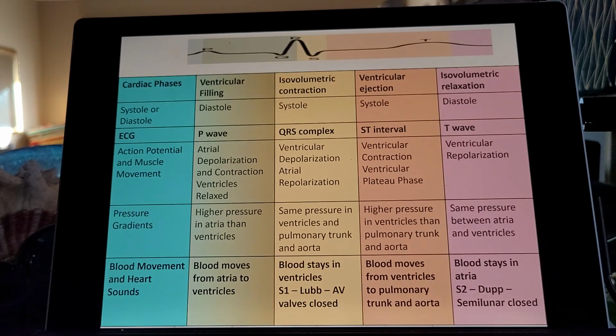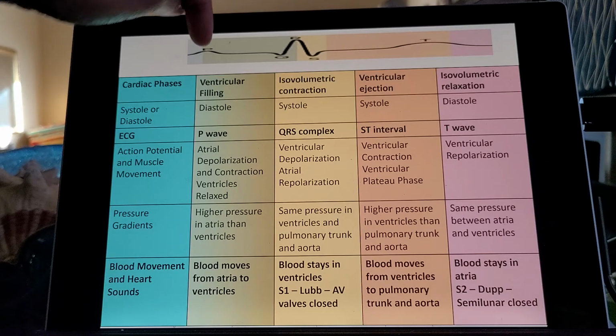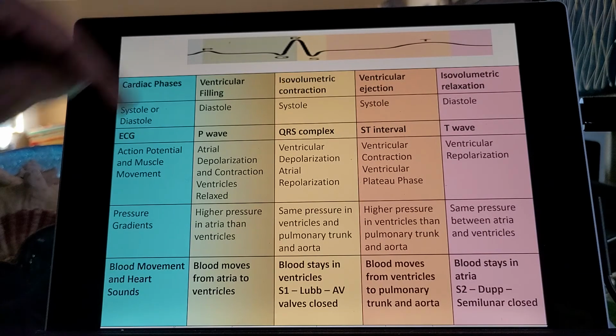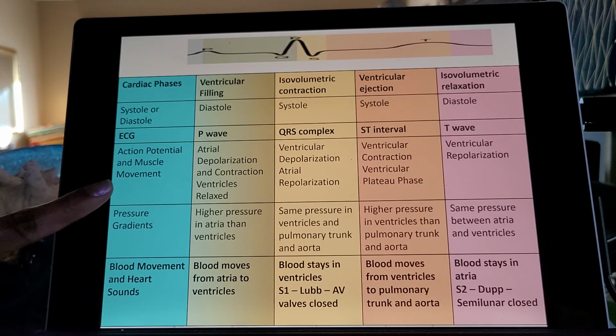Okay, so this actually puts everything in one section. So knowing what happens in each section of our cardiac phases: is your ventricles in systole or diastole? What part of the ECG are you at? It's also color-coded with the ECG above. It's just stretched out, so it makes more sense. What's happening with your action potentials for your cardiomyocytes?